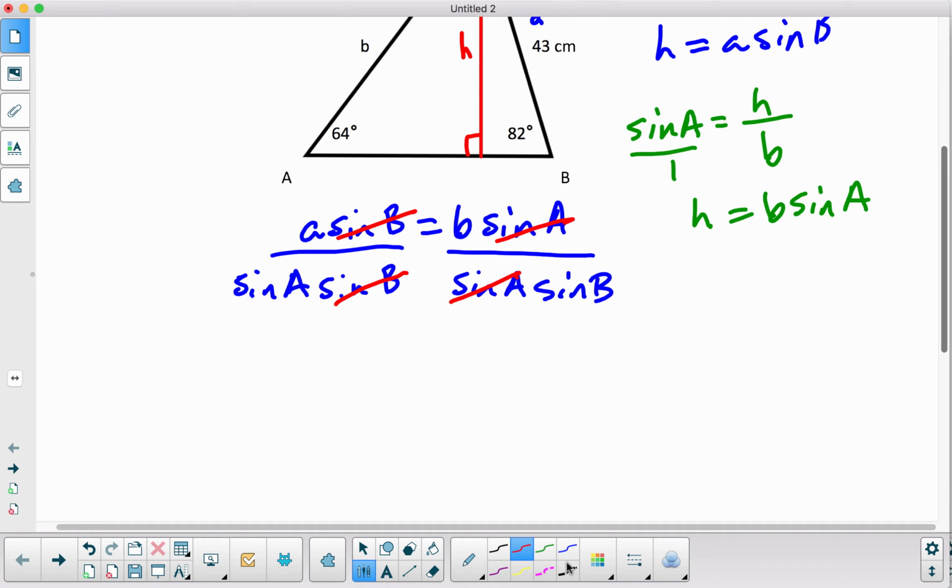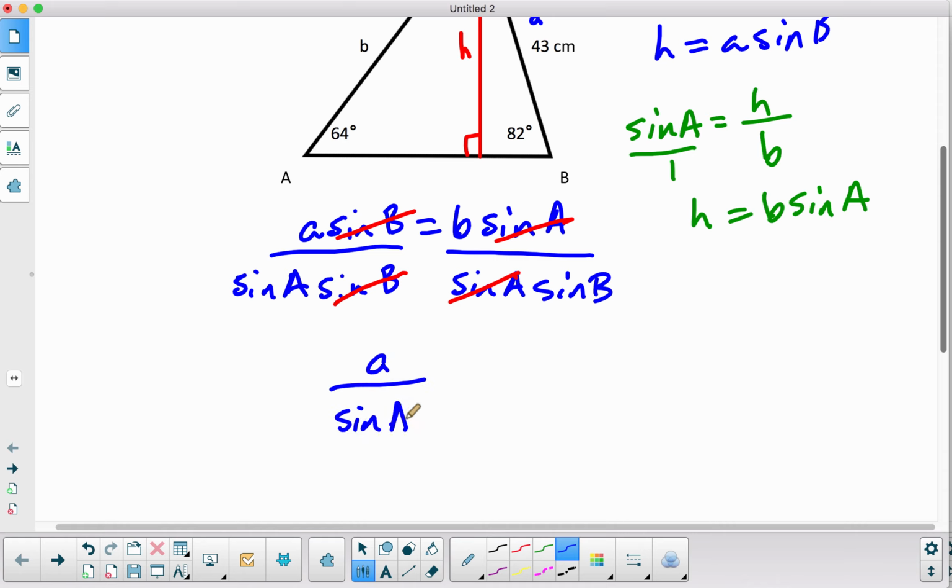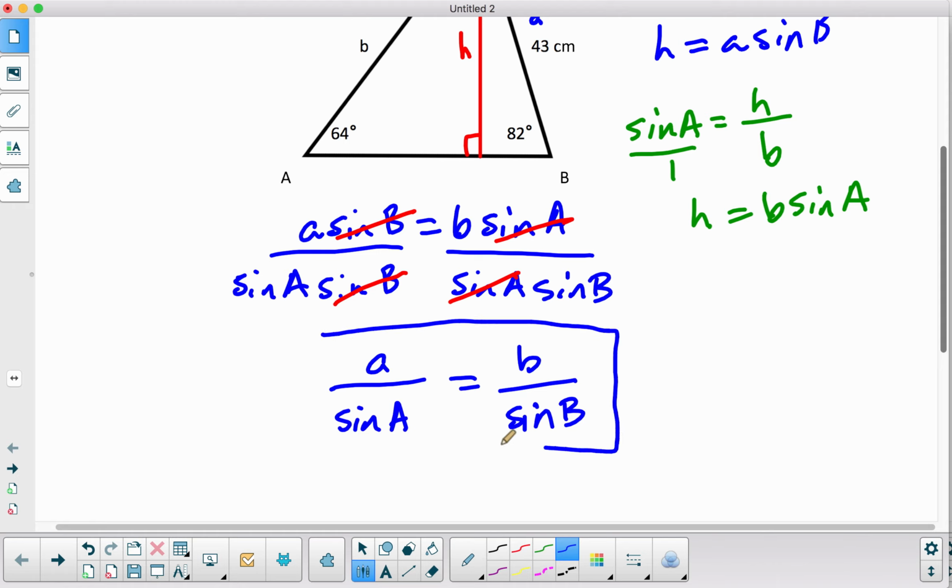So what you're left with is A over sine A equals B over sine B. And this is what we call the sine law.